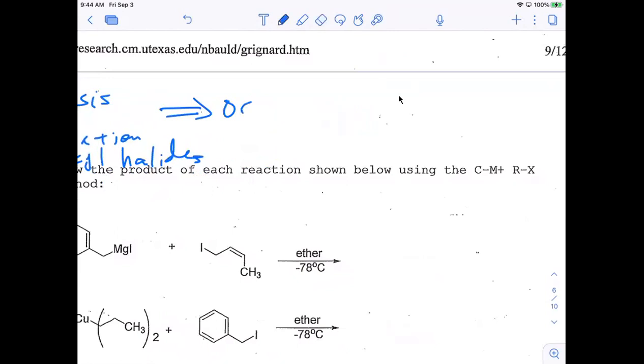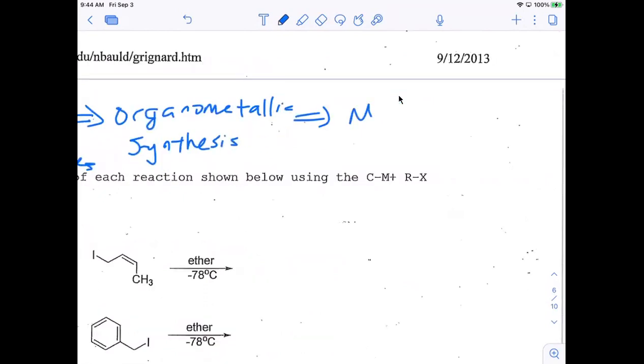All right, so we learn how to make alkyl halides. One of the applications is organometallic synthesis. And we use organometallics to make new carbon-carbon bonds.